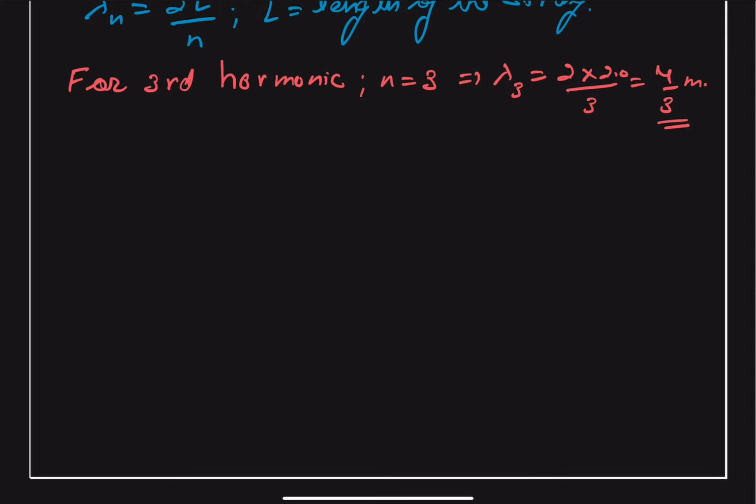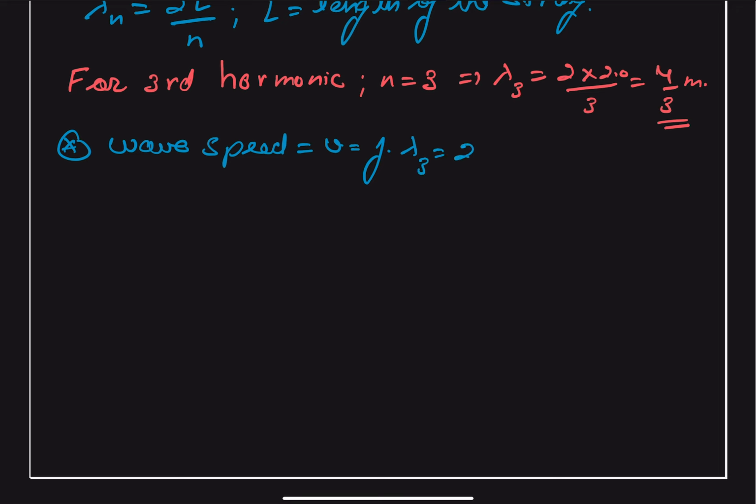And we know that the wave speed v is equal to frequency multiplied by the wavelength. Wave speed v is frequency multiplied by the third harmonic wavelength.